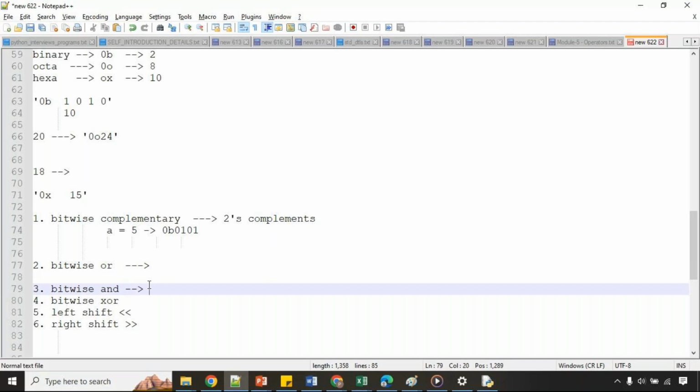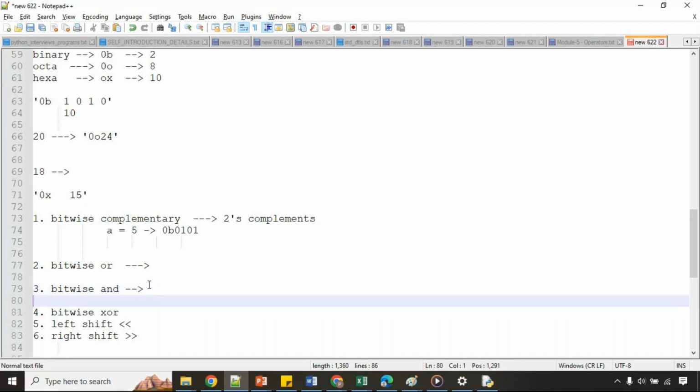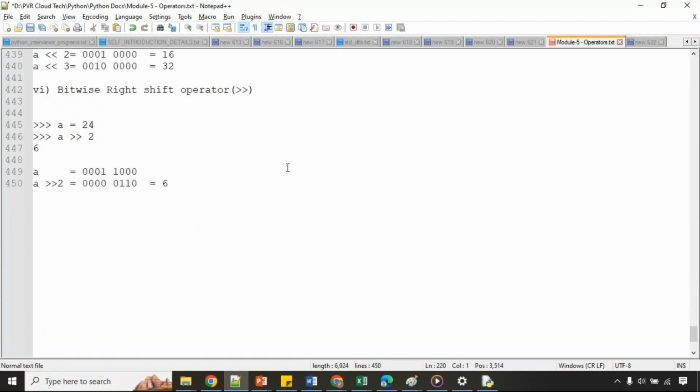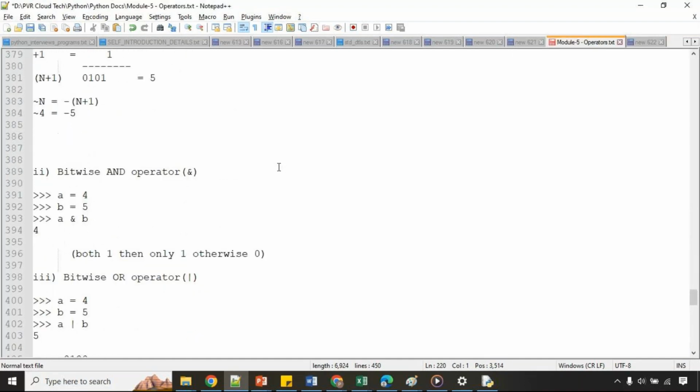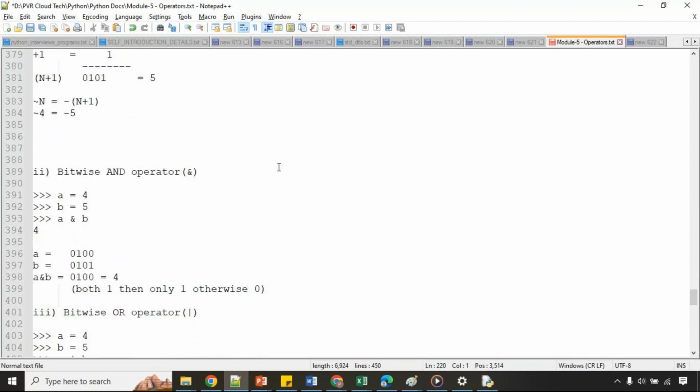Okay, bitwise AND, you can take this example. Bitwise AND, this is the symbol. A equal to 4, B equal to 5, A and B. So here when you do bitwise AND, if both are 1, then only 1, otherwise 0.